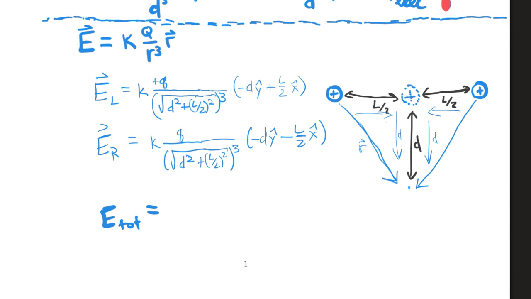They all have a k, they all have a q. Let's pull out the k and the q for now. So k, q, and then from our central charge we have 1 over d y hat. That's the entire thing there. Oh, we have a negative sign too.